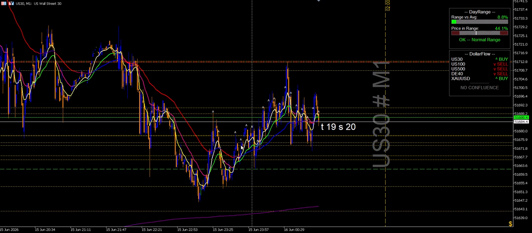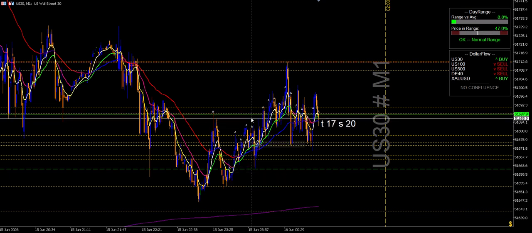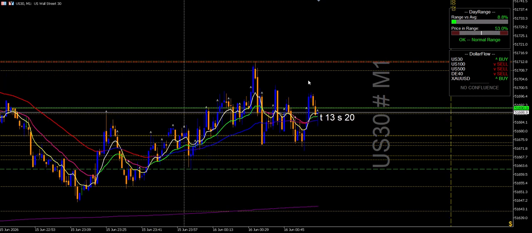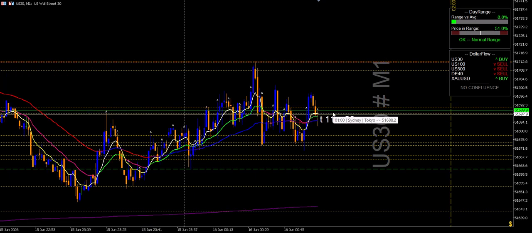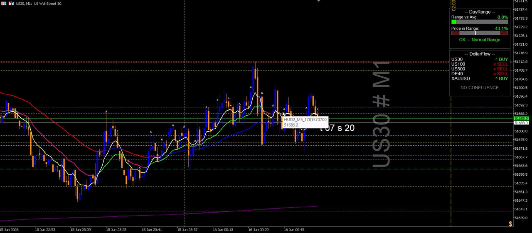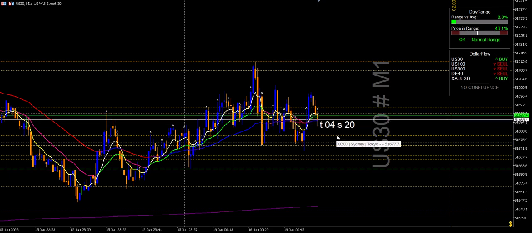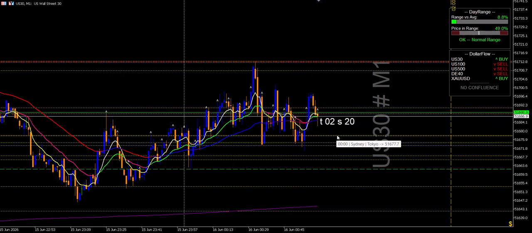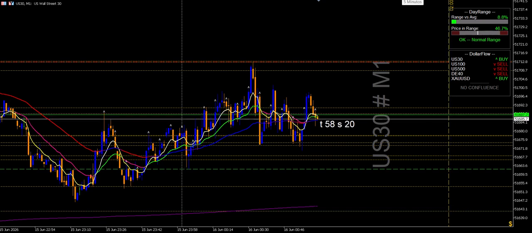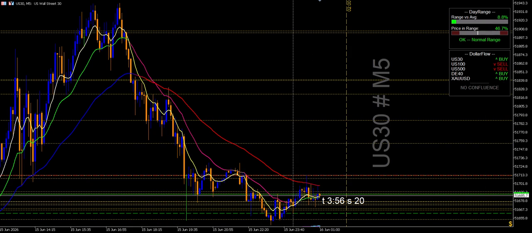With this marker, you can see on the M1 chart the points where 5-minute candles closed. So I have this history on the M1 chart and an idea of how price is running in 5 minutes without switching timeframes. It's in timeframes under 5 minutes that this marker works.